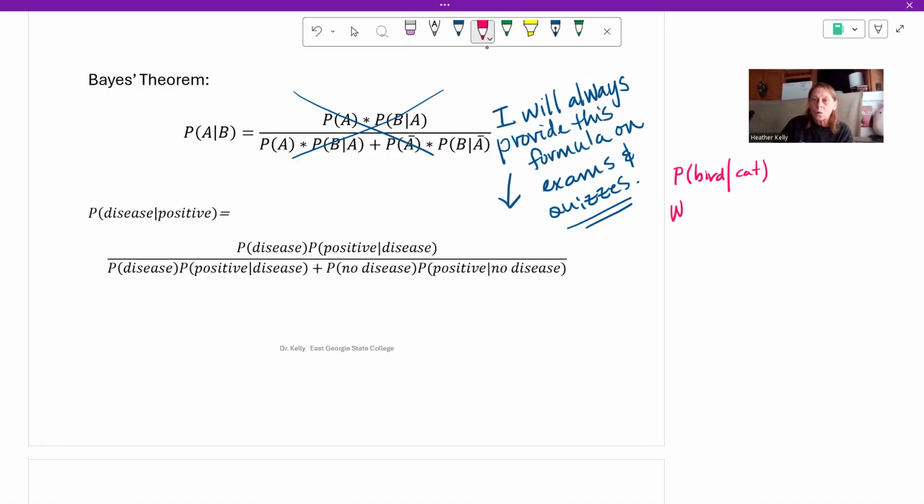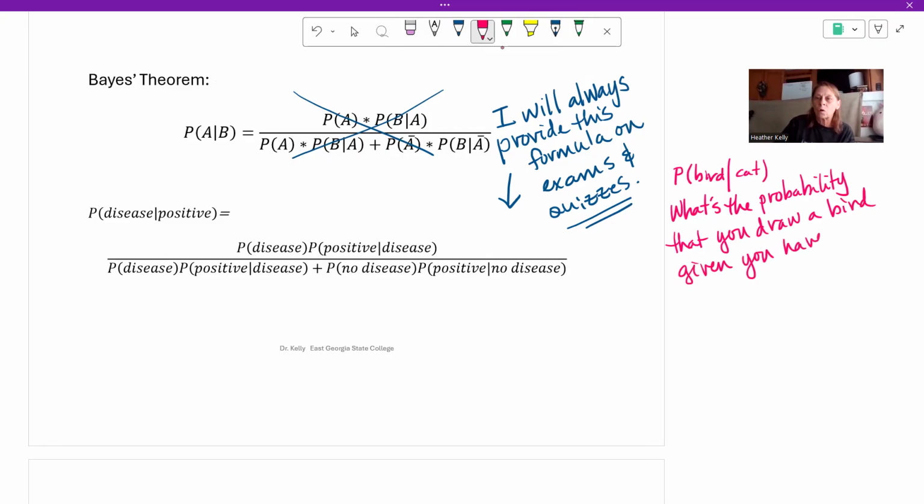This says, what's the probability that you draw a bird given you have drawn a cat.